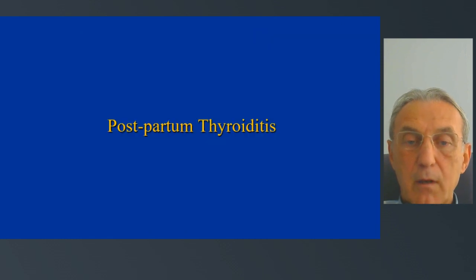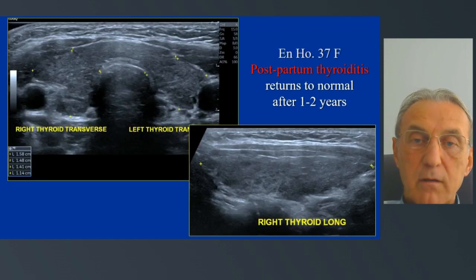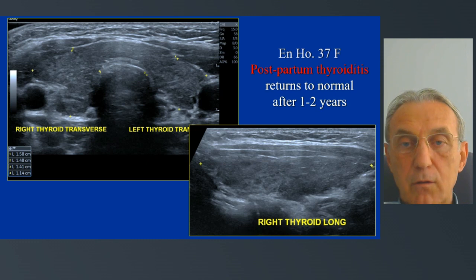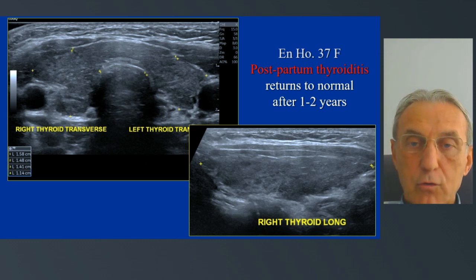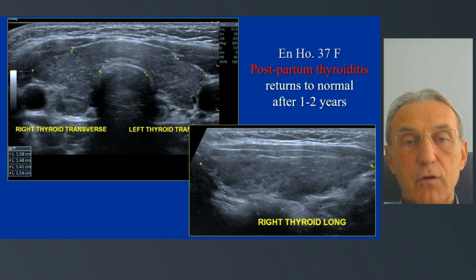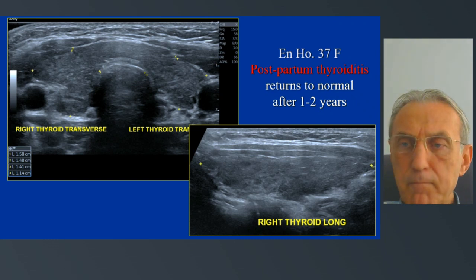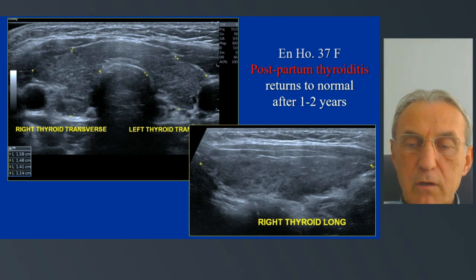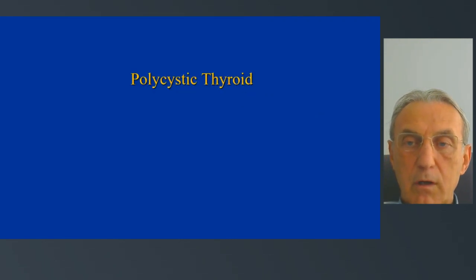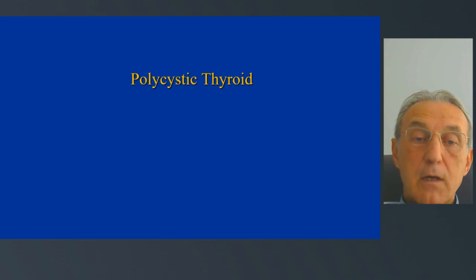Postpartum thyroiditis, an example of this in a 37-year-old female. You see the heterogeneous gland. Actually, we cannot differentiate it from Hashimoto thyroiditis.